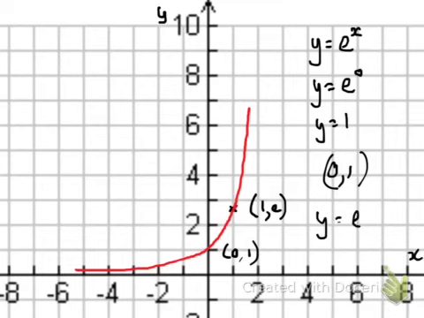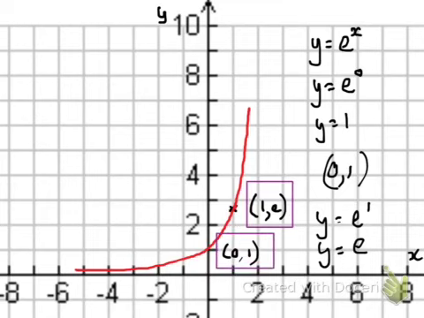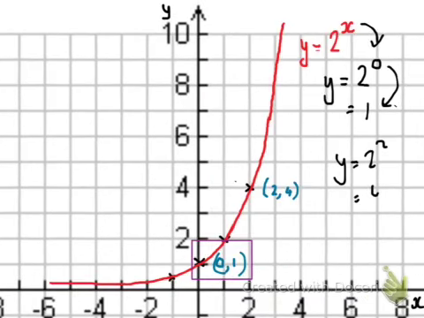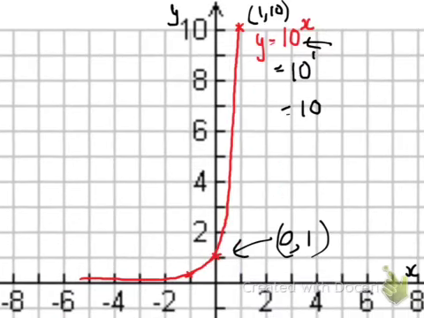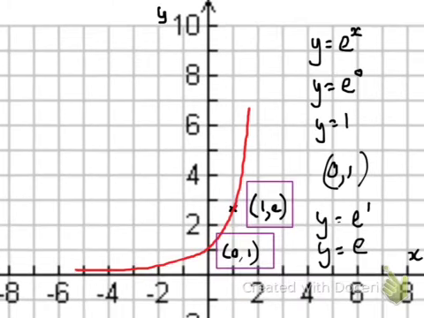If x was 1, you get y equals e to the power of 1, which is just e. Hence, you can see I've got the point 1, e, and there's my other point, 0, 1. Similar sort of shape again as the previous two graphs I showed you. So there they are: 2 to the power of x, 10 to the power of x, and e to the power of x is that one there.